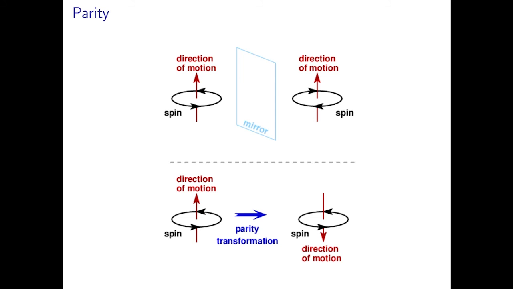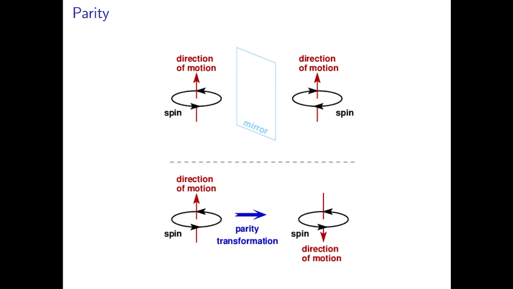So what is a parity transformation? I'm pretty sure we must have all heard about the mirror reflection or the mirror transformation, which essentially, as we see in the first picture there, gives us a mirror image of the particle in concern here. We don't essentially just place a mirror, but instead we perform a mirror operation on it.